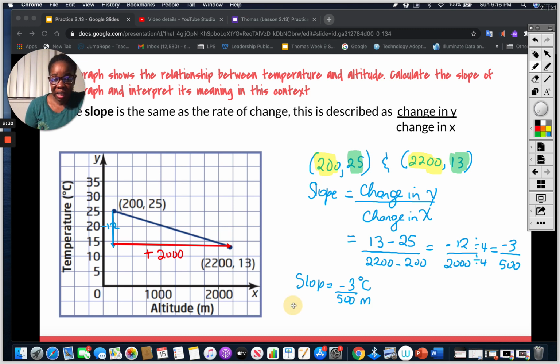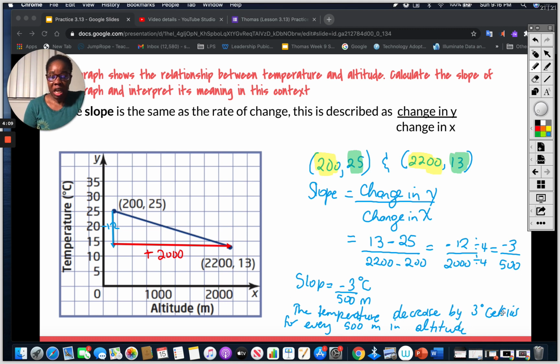It means that the temperature decreases by 3 degrees Celsius for every 500 meters in altitude. So every time the altitude increases by 500 meters, the temperature decreases by 3 degrees Celsius.